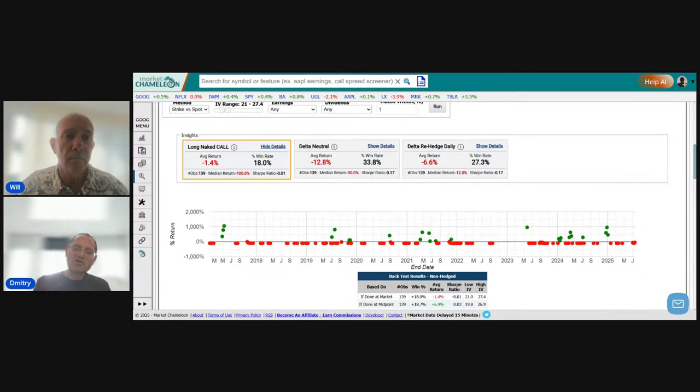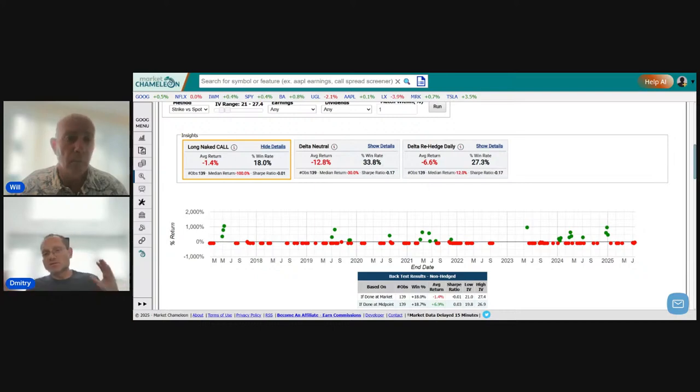Right now we have where all three have shown negative returns. Now keep in mind, this is looking from the long side, right? So this is looking at if you're buying the option, okay? It had an 18% win rate, but a negative 1.4% average return, relative to, I think, what the original one was, a plus 14% return.